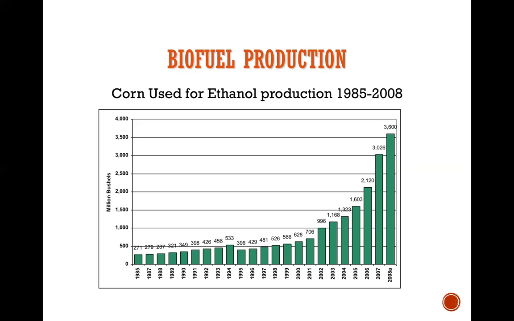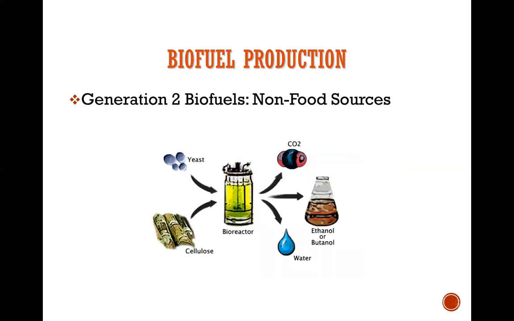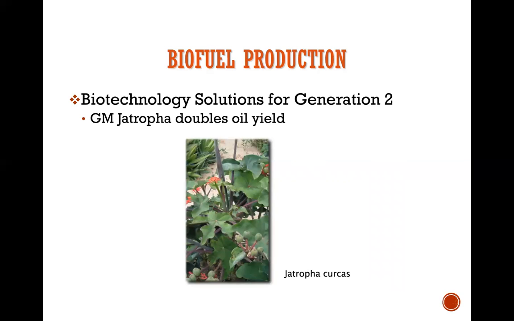If plants are produced, they consume carbon dioxide, and then even if they're combusted, the carbon dioxide that's emitted from the combustion would equal the amount that was taken by the plant originally, creating a carbon neutral situation. So there's been research looking at increasing oil production in plants like Jatropha and even in algae.